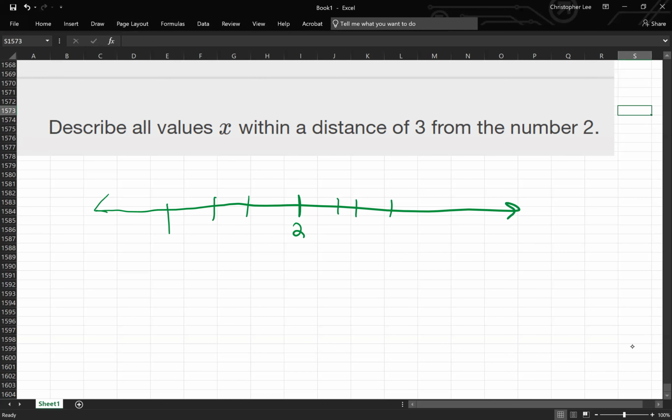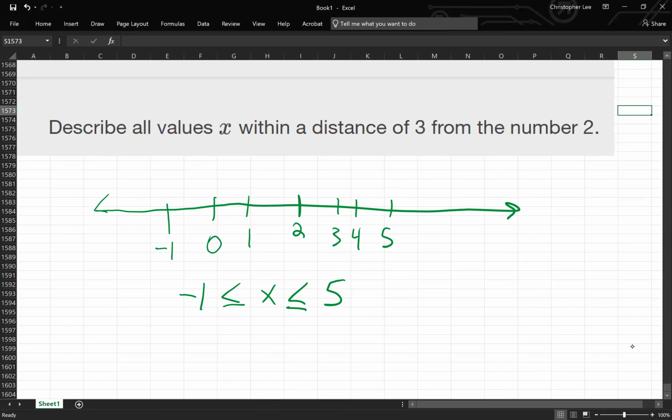What am I gonna write here? Tell me. Not -1. Oh, wait, yeah, you're right. I'm sorry. -1, 0, 1. What's the other side? 3, 4, 5. Very good. So now we know that this is going to be -1 less than or equal to x less than or equal to 5.